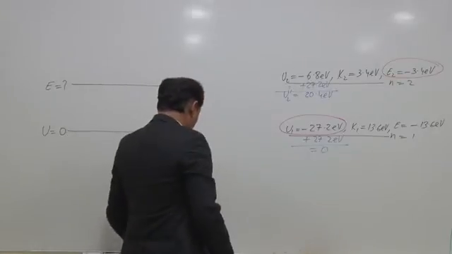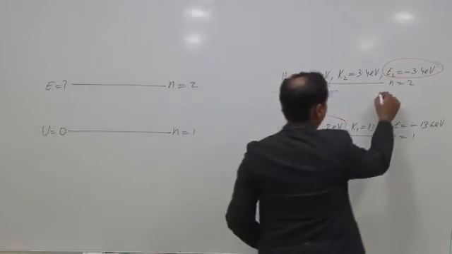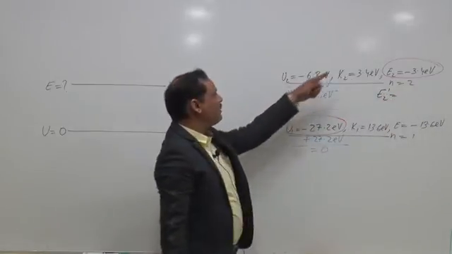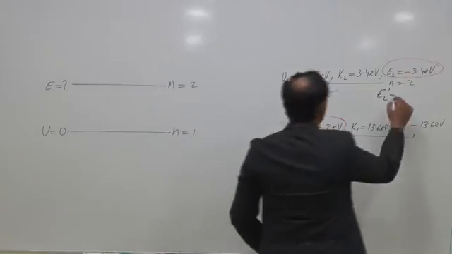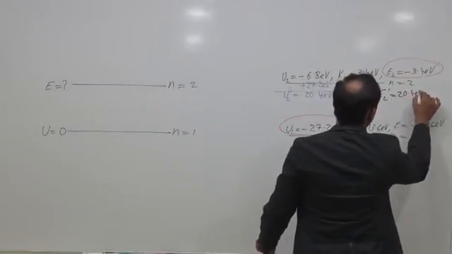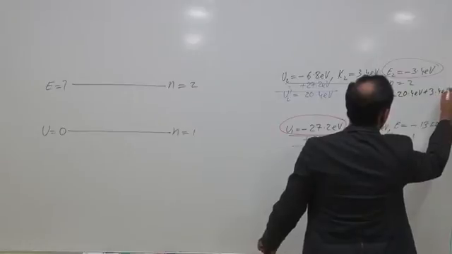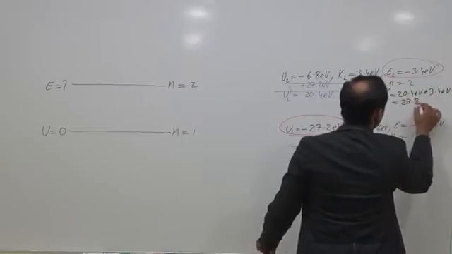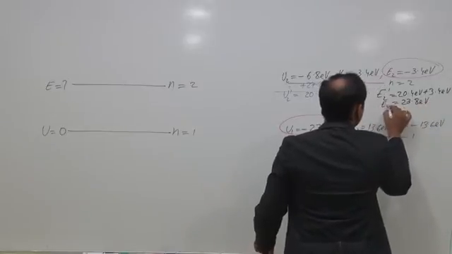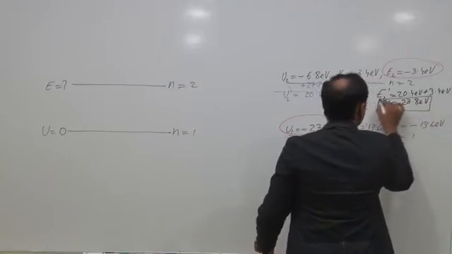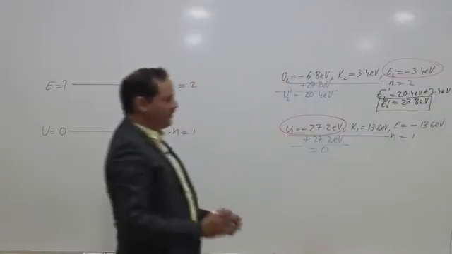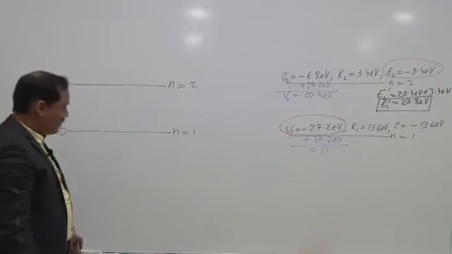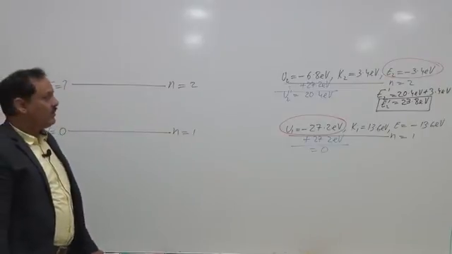So the new total energy E2 dash will be equal to the new potential energy plus the new kinetic energy, that is 20.4 electron volt plus 3.4 electron volt, that is 23.8 electron volt. That is the new total energy of the atom in the first excited state. So now the energy becomes 23.8 electron volt.